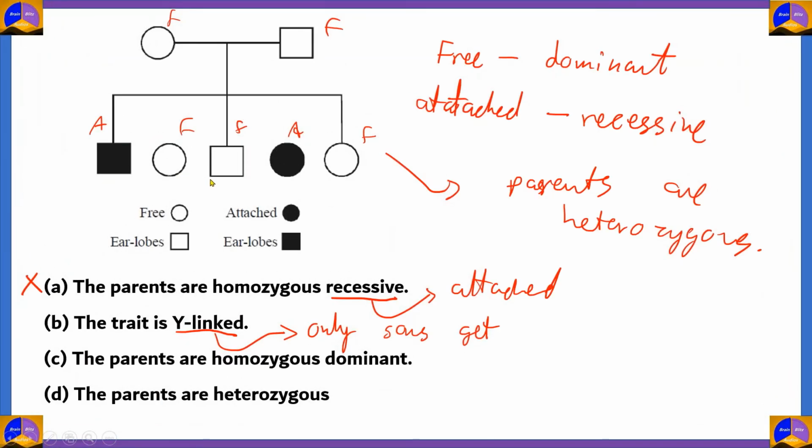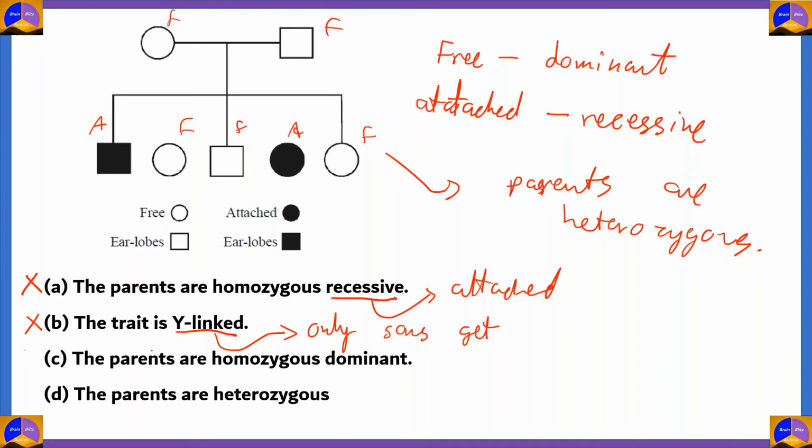So if you look at it, there is 1 female with an attached earlobe, and there are 2 females with free earlobes. So the claim that the trait is Y-linked is also incorrect because females are also experiencing the same variations.